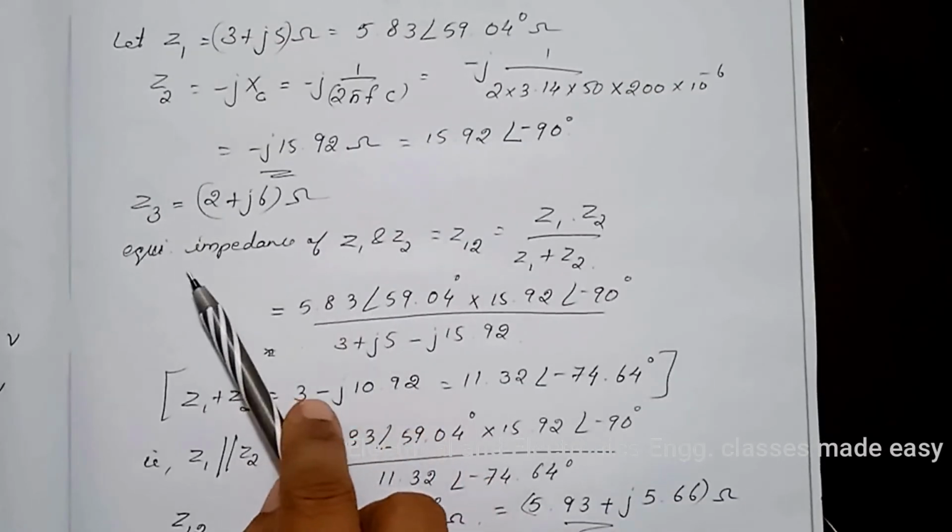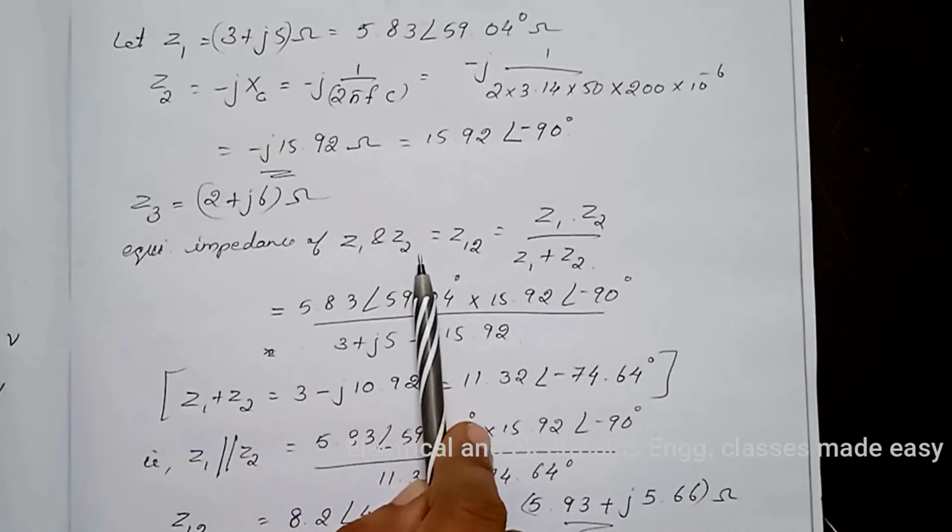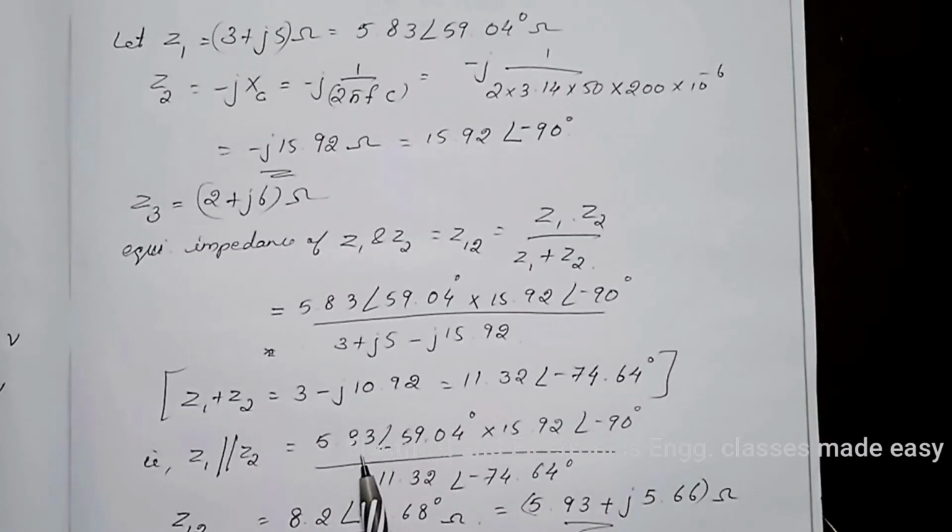So the equivalent impedance of Z1 and Z2 is equal to 5.83 angle 59.04 into 15.92 angle minus 90 divided by 11.32 angle minus 74.64 degree.